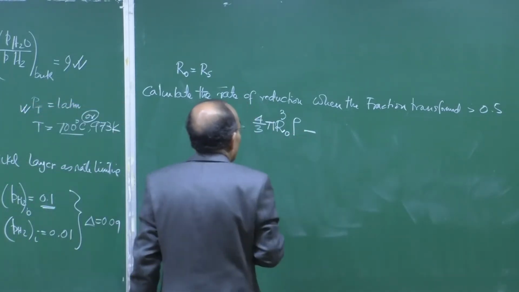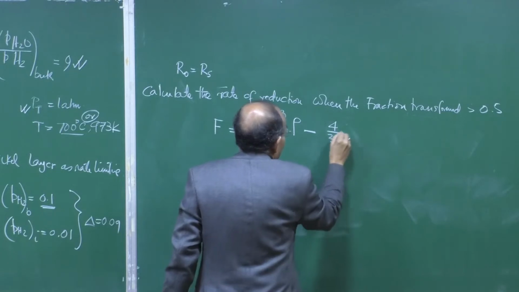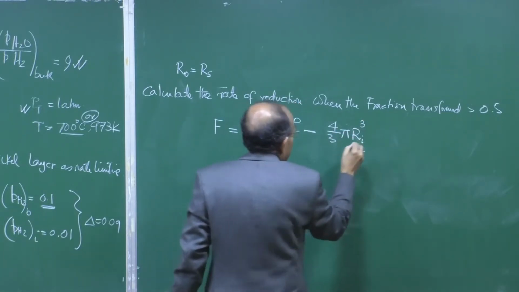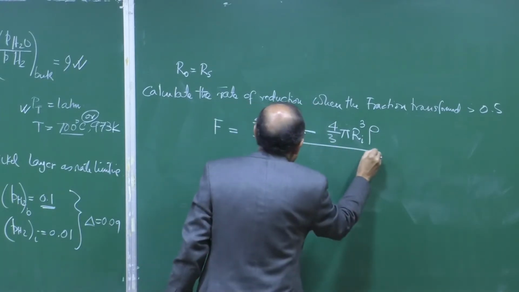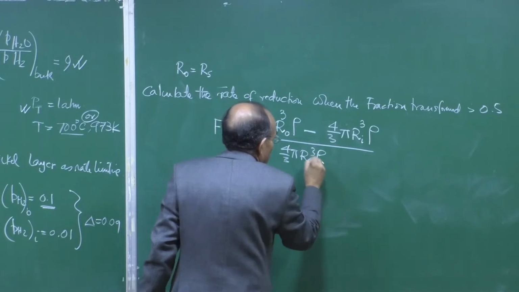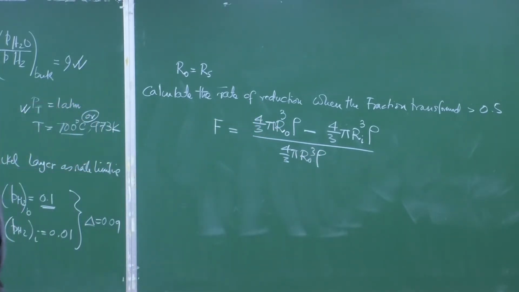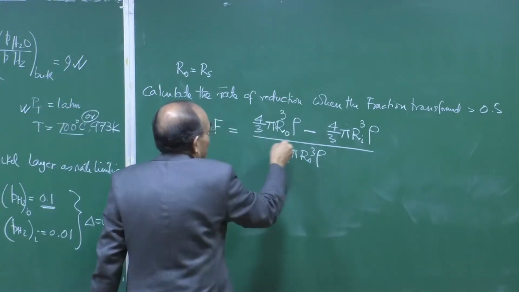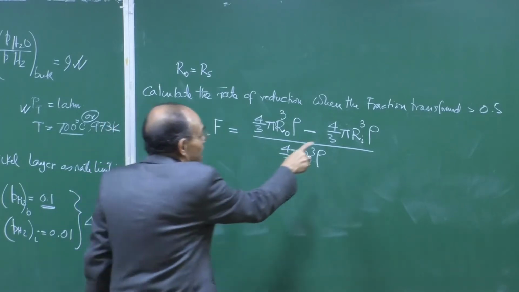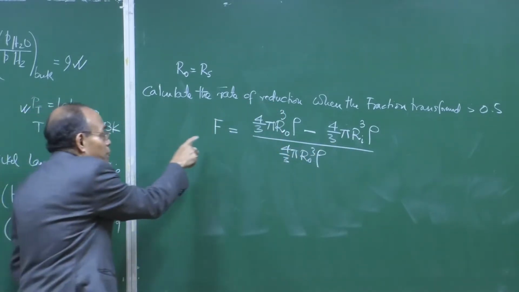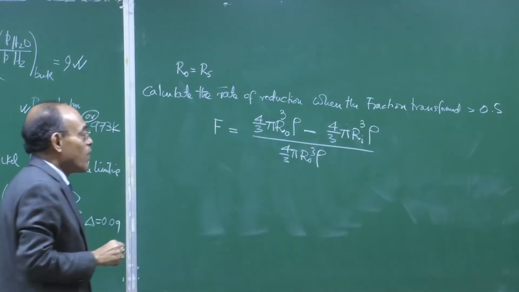Now, we have 4 by 3 pi Ri cubed into rho, assuming that the densities of nickel and nickel oxide are not largely different, for mathematical simplicity. So, this essentially tells us the amount of nickel oxide which is present. This Ri is changing as a function of time. So, the value of F pertains to that instantaneous value of Ri.